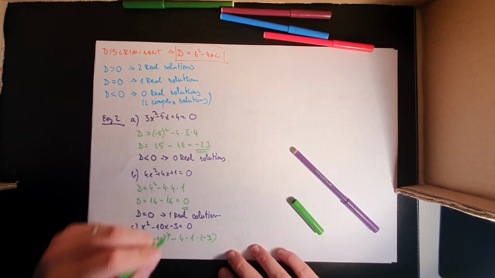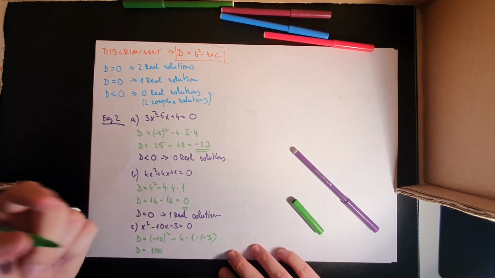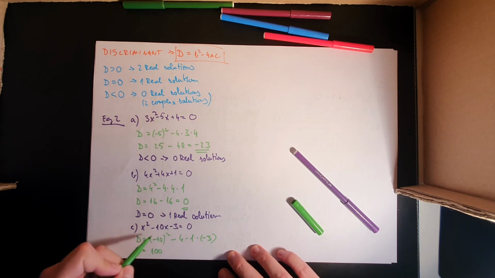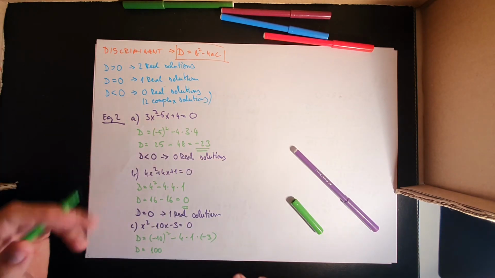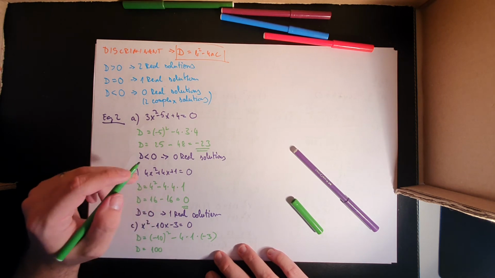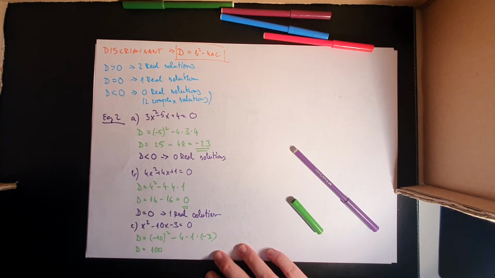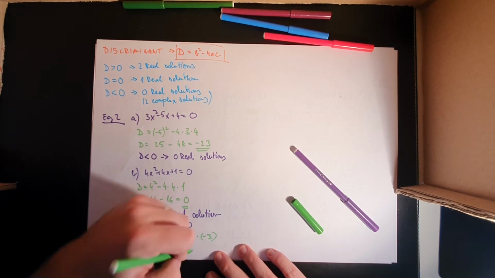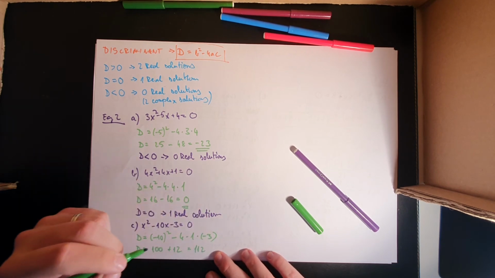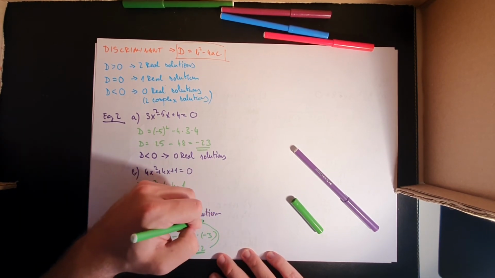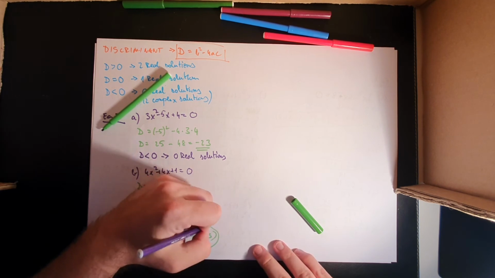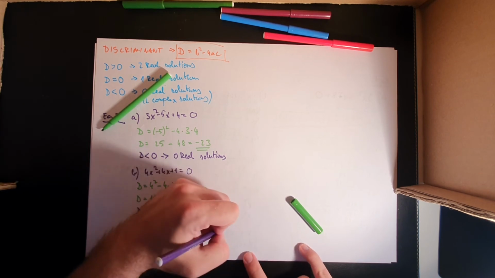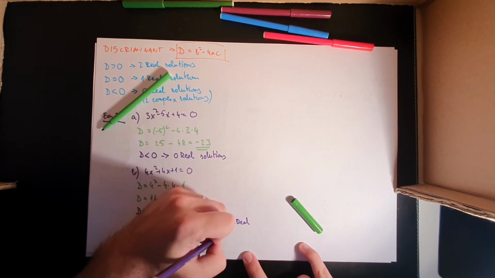So minus 10 squared is altogether 100. If you're using the calculator to find the square of a negative number specifically, you have to put the bracket and inside of it the minus, so we'll make sure everything works properly. Minus and a minus are going to give us a plus. 4 times 1 times 3 is altogether plus 12. So discriminant is 112, which gives us the answer that discriminant is greater than 0. 112 is a positive number, and this means 2 real solutions.